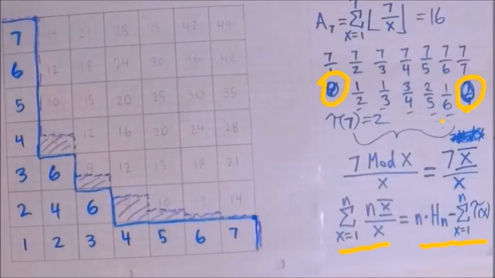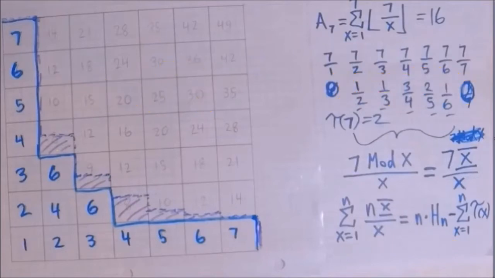But the thing now that we want to look at is that the numerators here are the sequence 7 mod x for x equals 2 to n minus 1. That's the sequence 1, 1, 3, 2, 1.